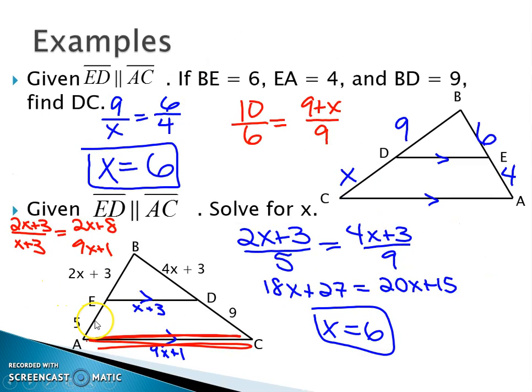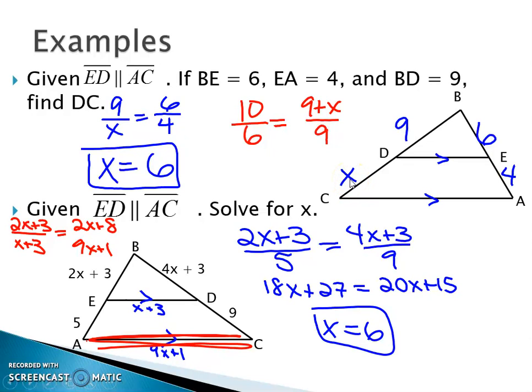So let's look at some examples using the splitter theorem. Given ED is parallel to AC, so right here is parallel to here in this triangle. And BE is 6, EA is 4, BD is 9, then what's x?